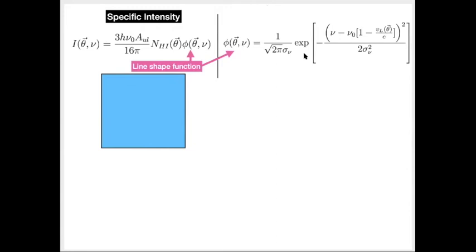The spectral line peaks not at nu equals nu 0, but the peak is shifted, where nu 0 is again the rest frequency of the line, 1420 megahertz. And I get this factor, V_L, which is the line of sight component of the velocity of the cloud divided by the speed of light. Sigma nu is the width of the line.